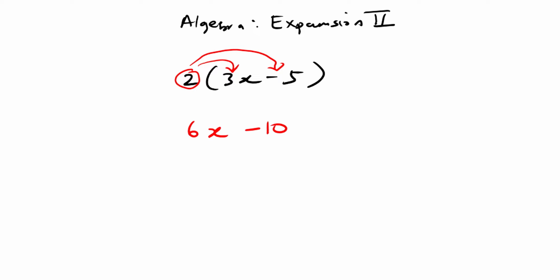But what happens when we have something much more? So, for instance, I have (s + 3) and then I have another term (s + 4). This type of expansion, I said in my previous video, will result in what we call a quadratic expression.